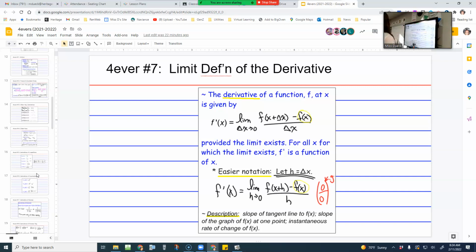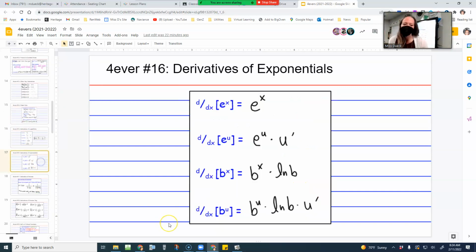What does it stand for in calculus? Ah, so boo is b to the u. Well, then that one just stays the same. U prime. And then what does it stand for? The derivative of b to the u. Boo-limbu is the derivative of b to the u.